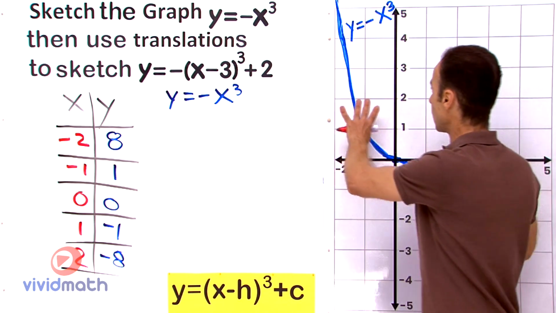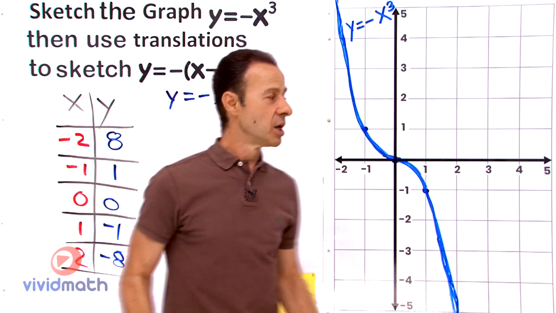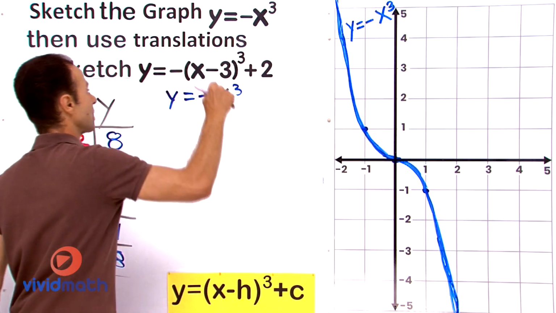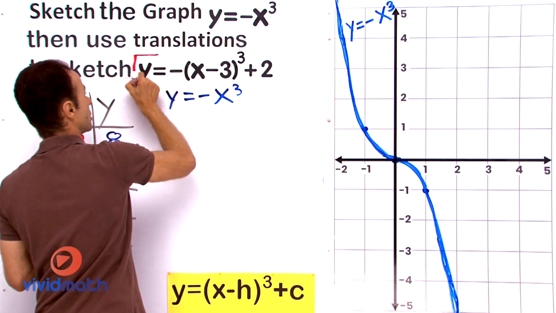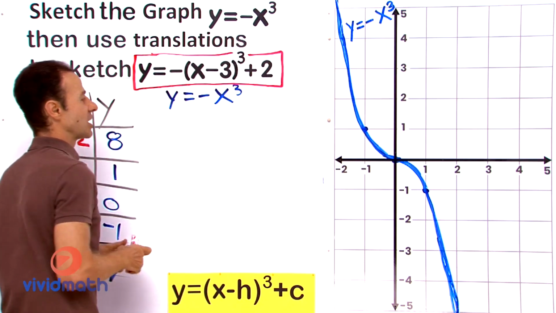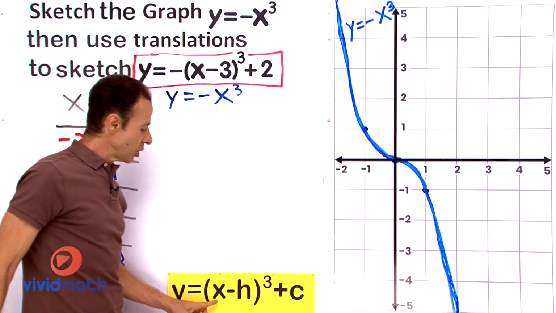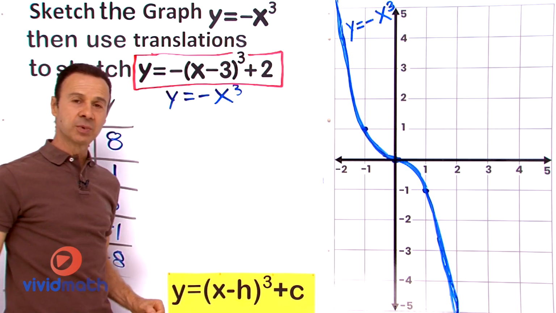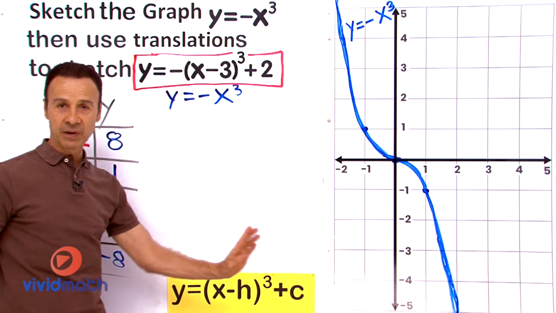Now that we've sketched this, because this is relatively easy to sketch, we're going to use this to sketch that one over here. Let me put a red box around what we're about to sketch. We're going to use translations to sketch that, based on this formula. In the brackets where it's cubed, we have x minus h. H is the horizontal shift, left or right.